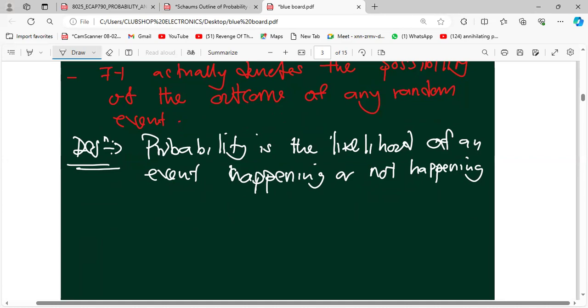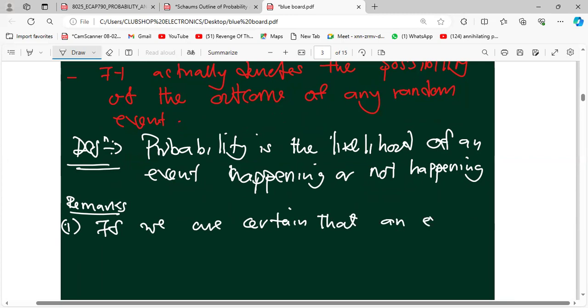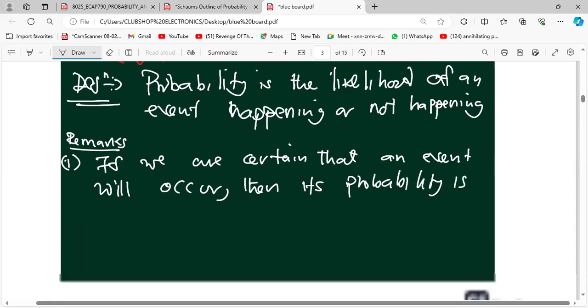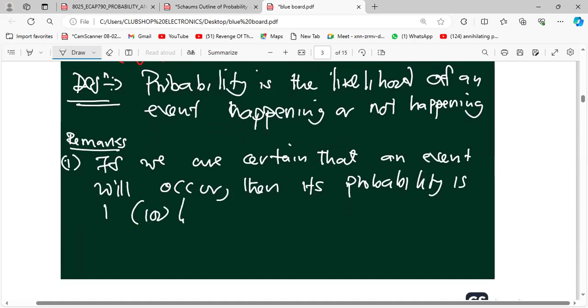And this is just the following point: number one, if we are certain that an event will occur, then its probability of occurring is 1 or 100%.